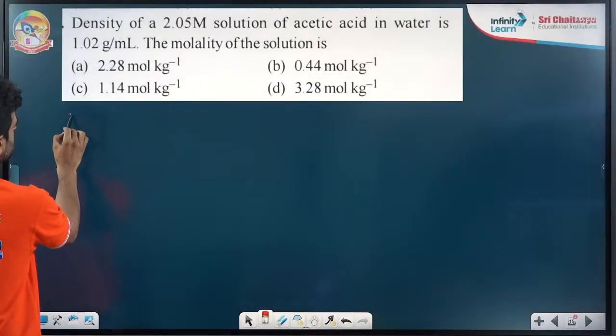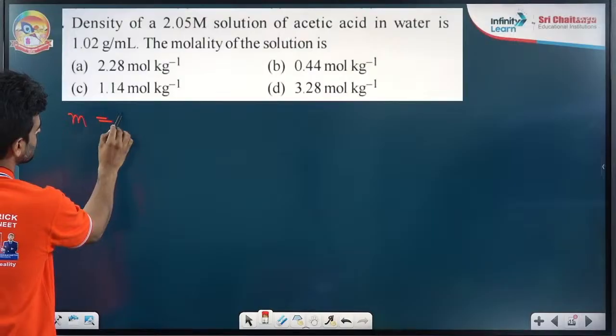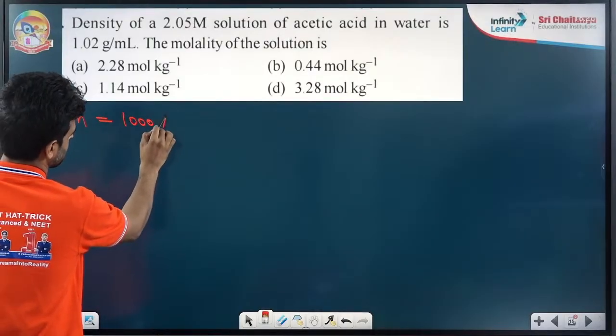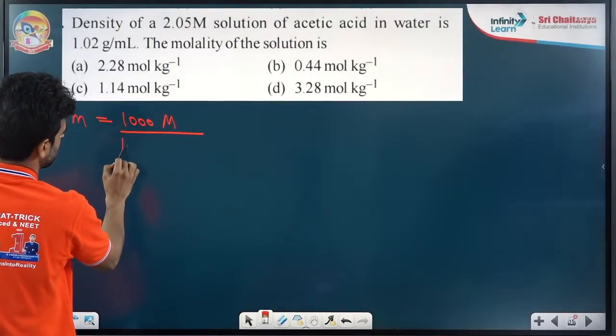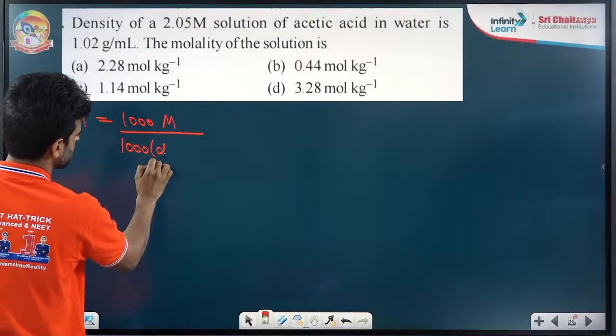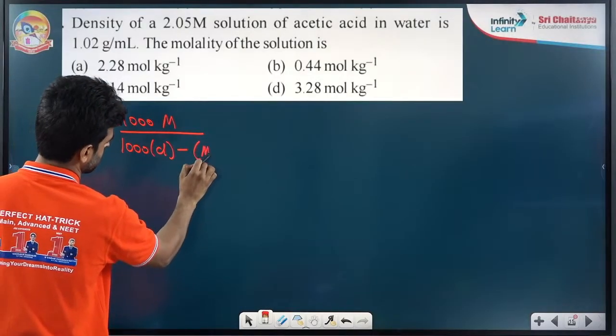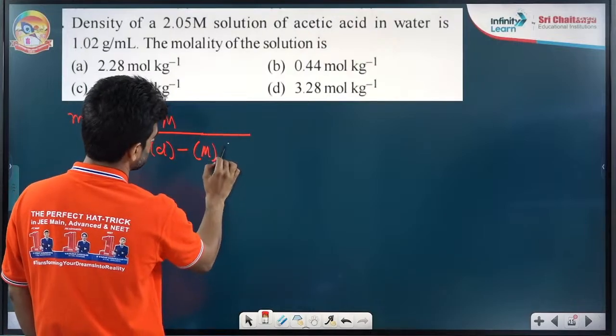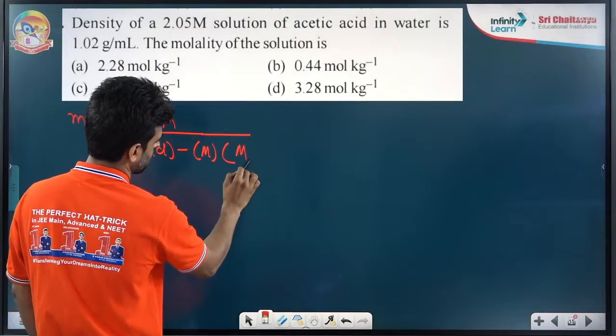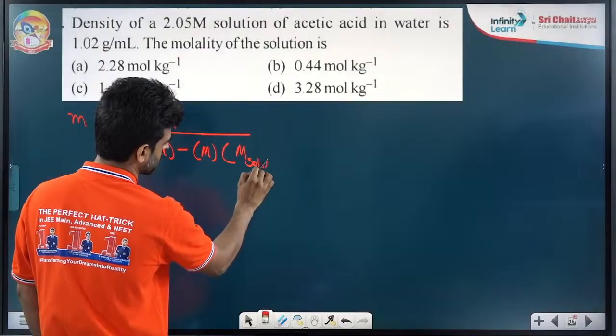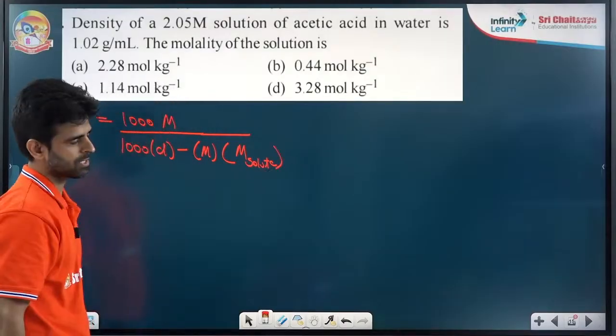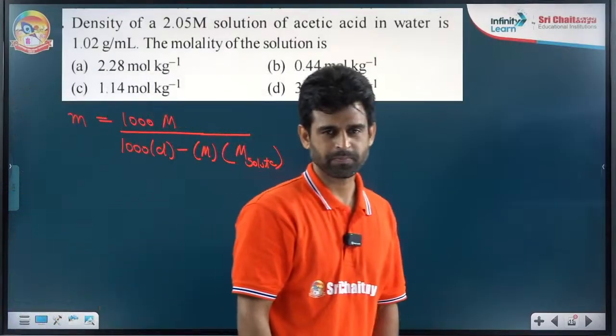What was the formula? Molality is 1000 into molarity divided by 1000 into density minus molarity into molar mass of solute. Fine, beta.